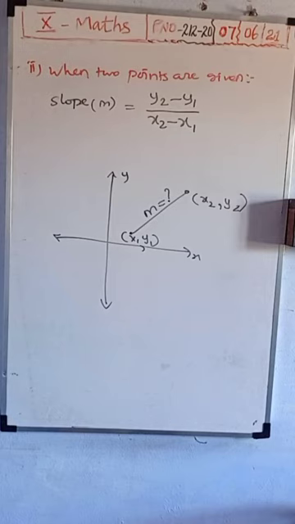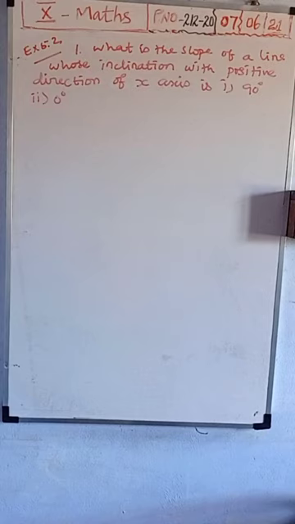So using these two formulas we are going to solve the exercise problems. See exercise 5.2, first question: what is the slope of a line whose inclination with the positive direction of x-axis is, one, 90 degree, another one, 0 degree. Your angle of inclination is given, and the question asks to find the slope of the line.